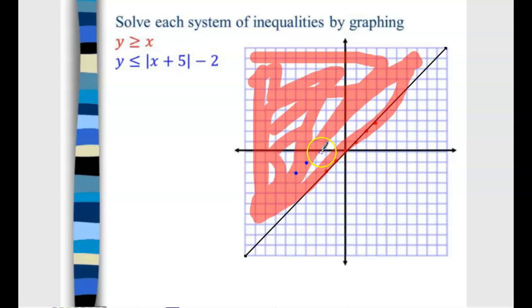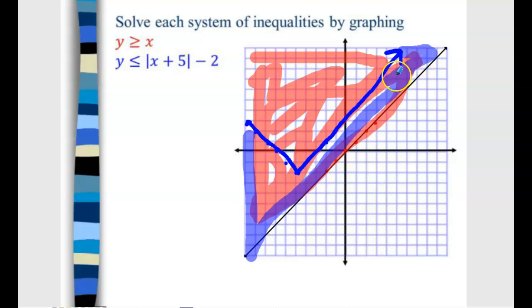Whose slope is 1. My lines are solid. It's y less than, so you shade below. So this is kind of like the Nike swoosh. So between the lines.